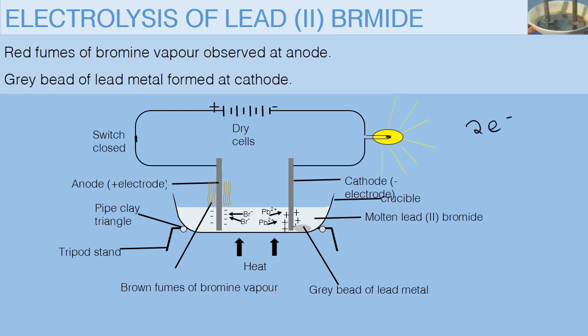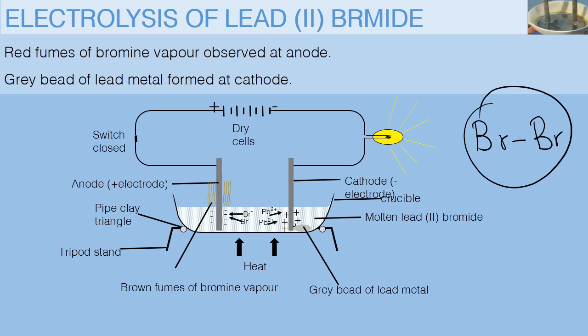In a similar way, bromide ions move towards the anode, and once they get to the anode, they lose an electron to form bromine, and then 2 atoms of bromine combine to form what we call a bromine molecule, and that is what we see as bromine vapor.